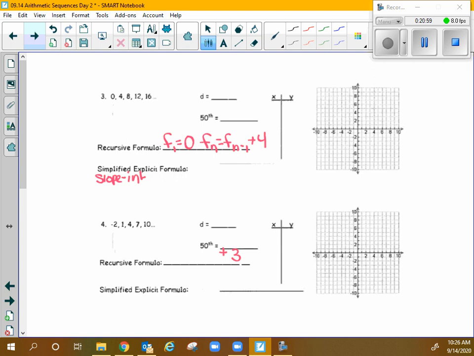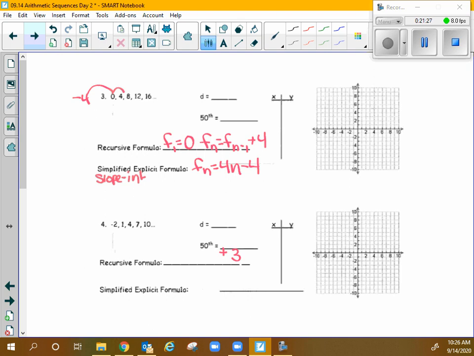Okay, so slope-intercept. What's my slope? 4. So f of n equals 4n. Number 3. Okay, so if I'm adding 4 every time, what's that 0? Negative 4, so 4n minus 4, guys.